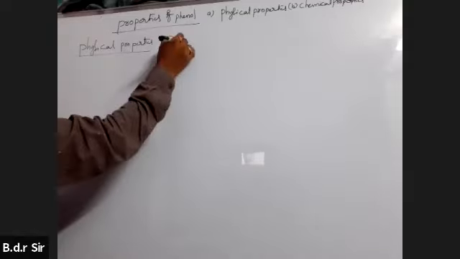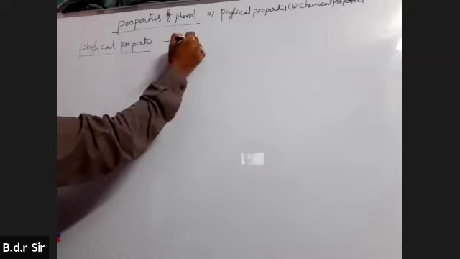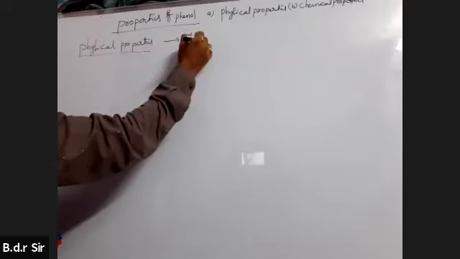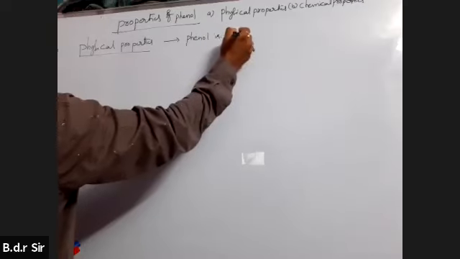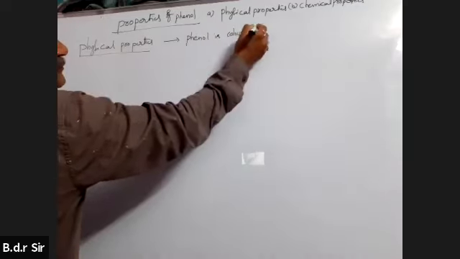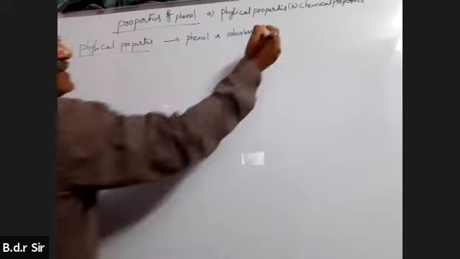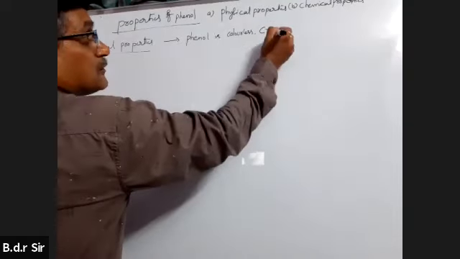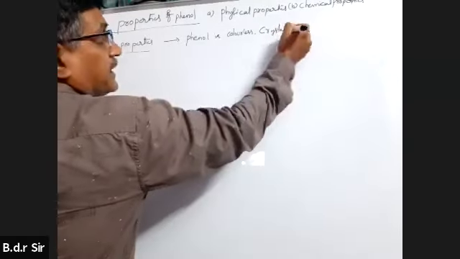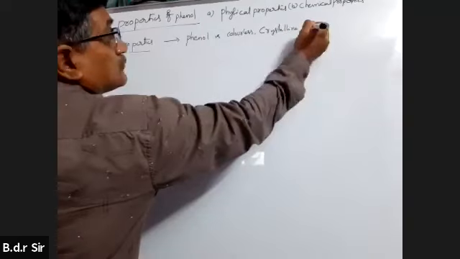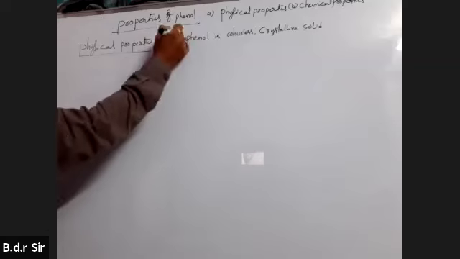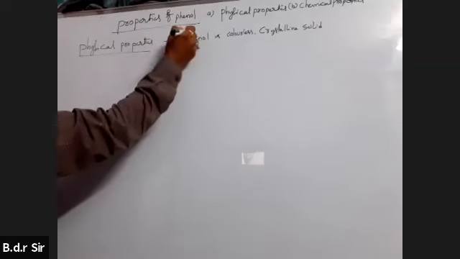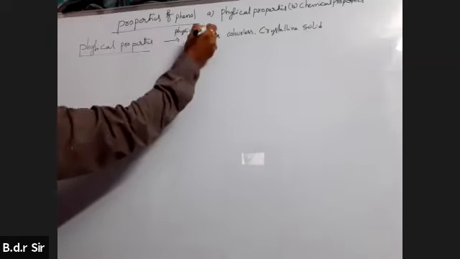First point, phenol is a colorless, crystalline solid. This is the physical state.